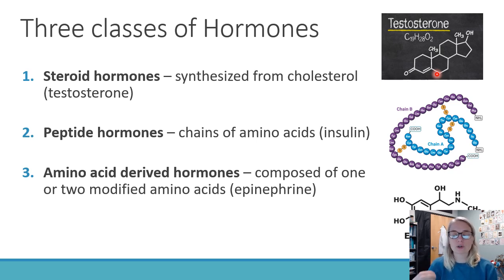Things that are large or charged, like insulin and this polar epinephrine molecule, cannot diffuse through the plasma membrane. So the lipid-based steroid class versus the water-based or protein-based other 2 classes have to communicate to their target cells differently. That's what we're going to take a look at next.